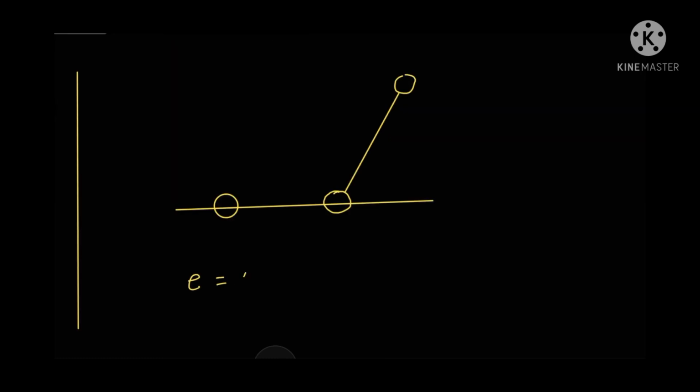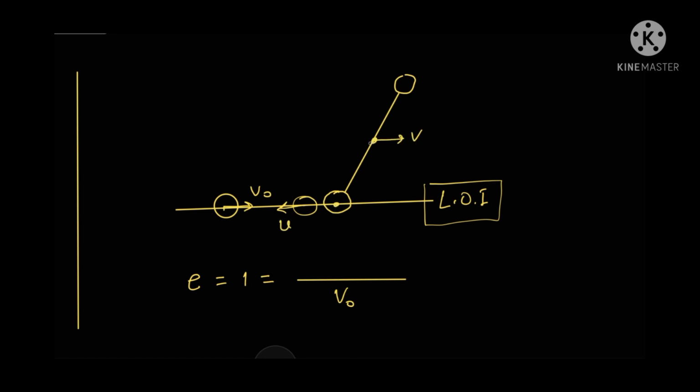Coefficient of restitution for elastic collision is 1. So it is equal to velocity of separation over velocity of approach. So what is the velocity of approach? This is the line of impact along which we have to write the equation. Along this line, the approach velocity was v0, so that will come in the denominator, and after collision, this ball will go back with velocity u, and due to these two velocities v and omega, this ball will have a resultant velocity v and L by 2 omega.